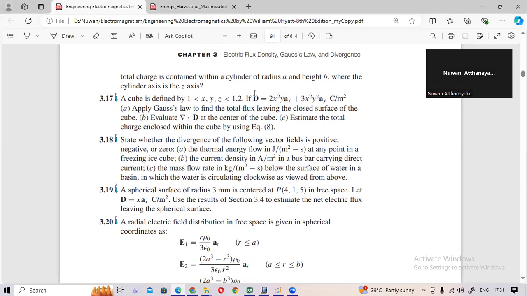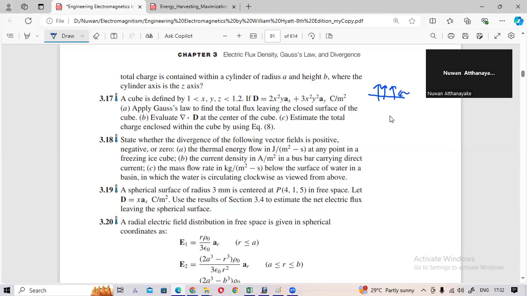So the first thing you have to do is the derivation. When you are doing the derivation, I think I have instructed you how this kind of question should be done. Normally, using the Gauss law, we find the flux leaving that is perpendicular to the surface.